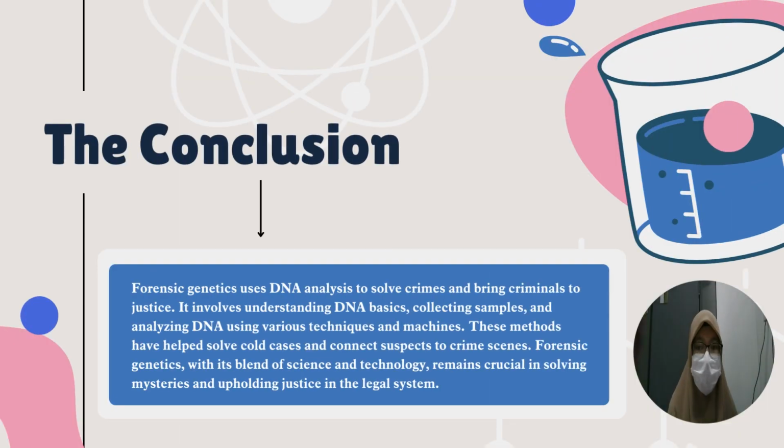Finally, for the conclusion, we know what forensic genetics is, and we use DNA to analyze and solve crime. We gain samples from different materials of the human body, then go to the lab and analyze the result with different machine techniques.